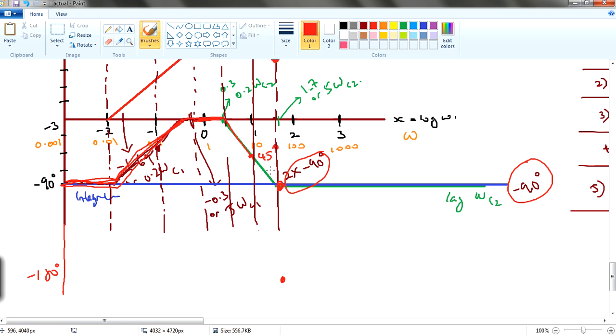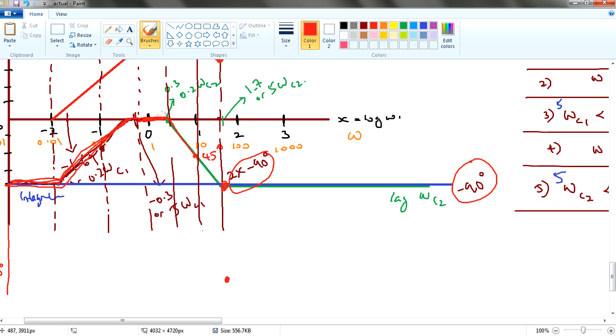Right? So just now you may say, at this point, this is 45 degrees, why does it suddenly come here? Because I calculated wrongly. This shouldn't be 45 degrees. It should be 90 degrees. So this point over here should be 90 degrees. I should redraw.